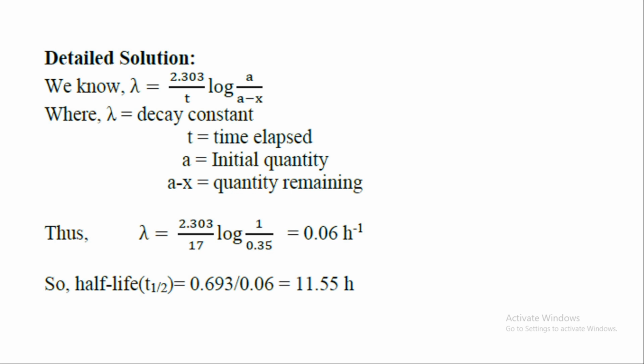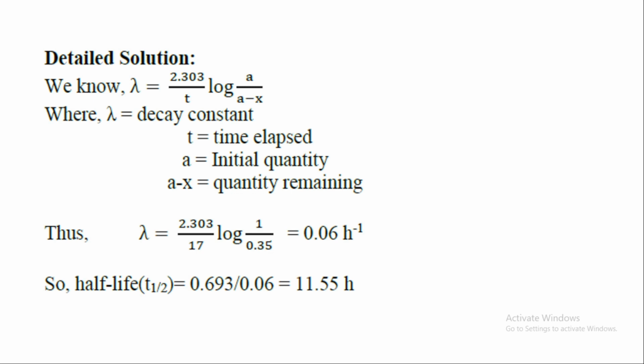So that means if you take the negative sign on the other side, on the left hand side, it will be ln n0 by n, that is initial divided by final, is equal to lambda multiplied by t.